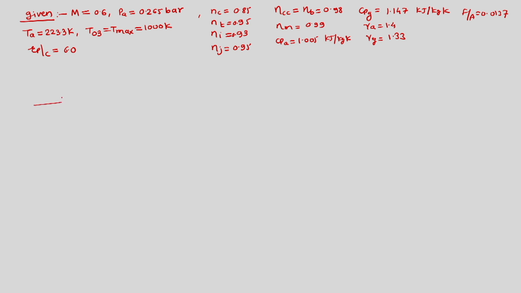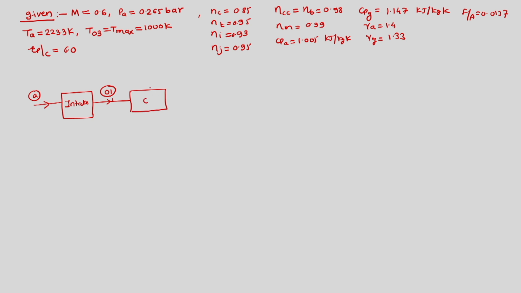First, let us draw a sketch for the order of the components which air will encounter. This is the intake. Atmospheric condition will go into the intake, and then we will number it as 01.